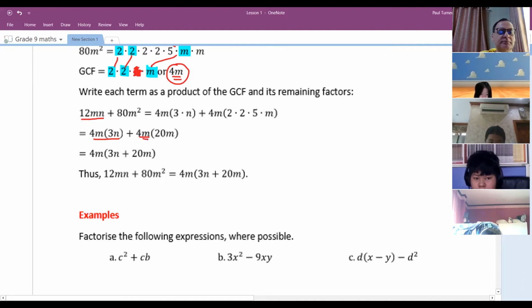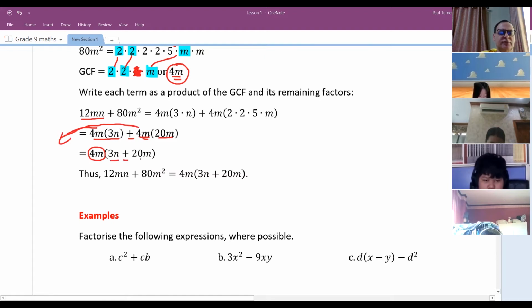So 4m, and then 20m is left over. Okay, so 4 times 20 is 80m squared. So your common factor here is 4m. So we take the 4m out the front here, and what we're left with is 3n plus 20m here.